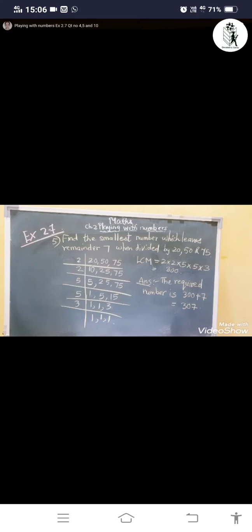Okay, let us take one more last sum. Last sum means now we will take question number 10. Okay, so just read question number 10. Question number 10 reads, 4 bells toll. Toll means ringing. 4 bells toll at intervals of 10 minutes, 15 minutes, 30 minutes and 45 minutes.